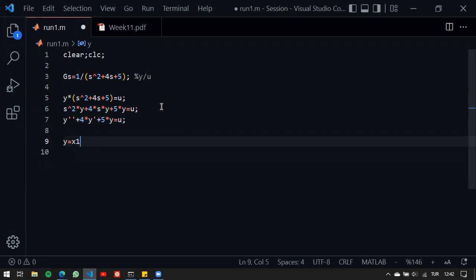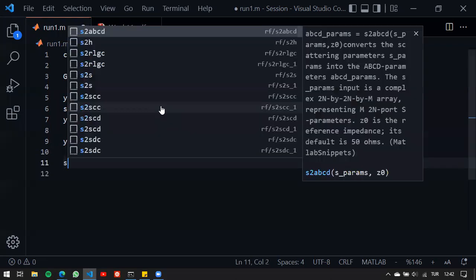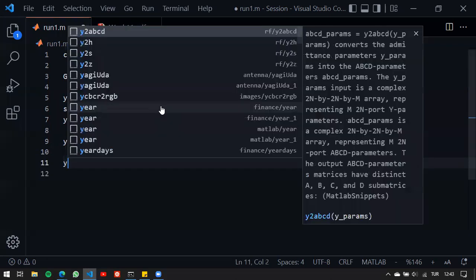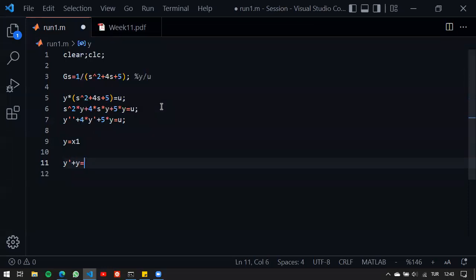If I had such a differential equation, let's say y dot plus y equals, let's say, 1, you can safely calculate the y derivative. Or let's even get rid of this 1 and look at the unforced differential equation.